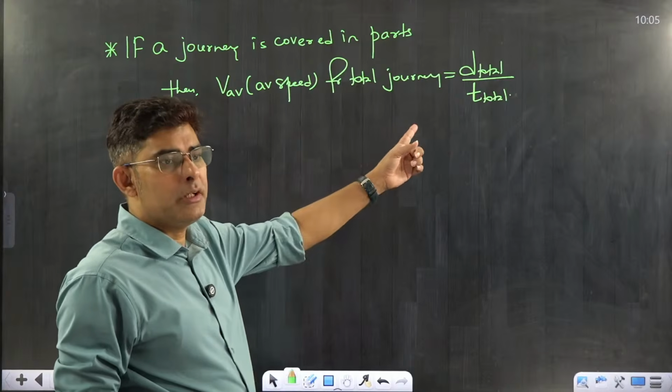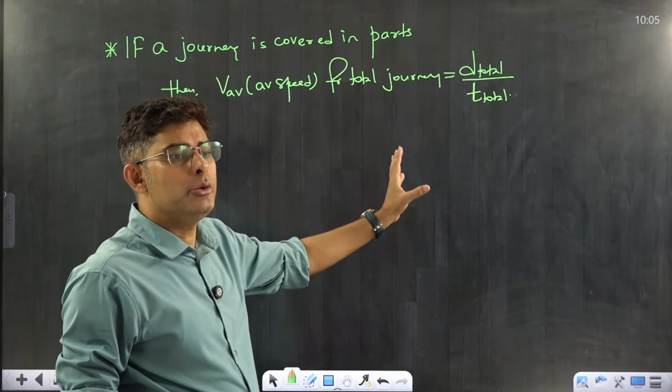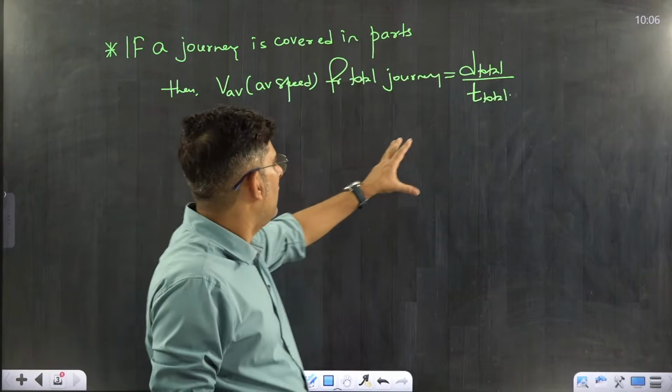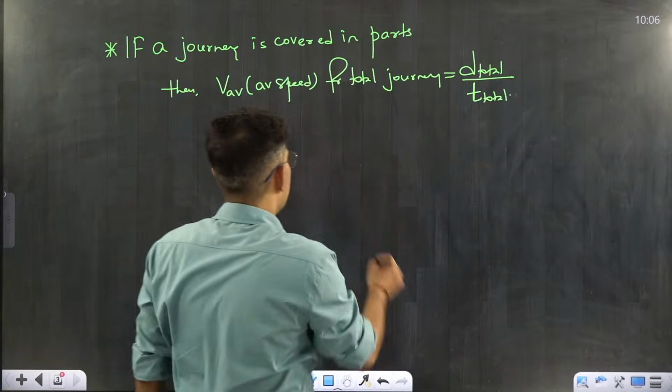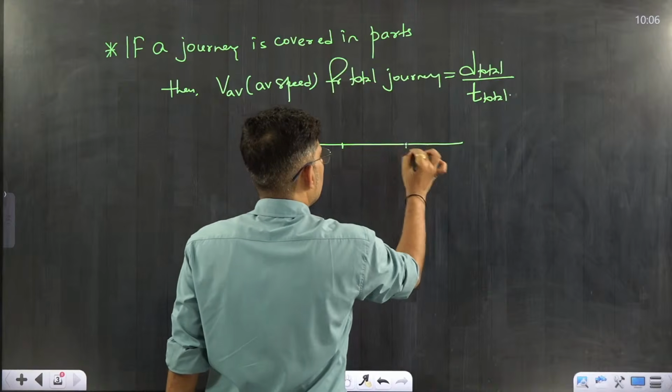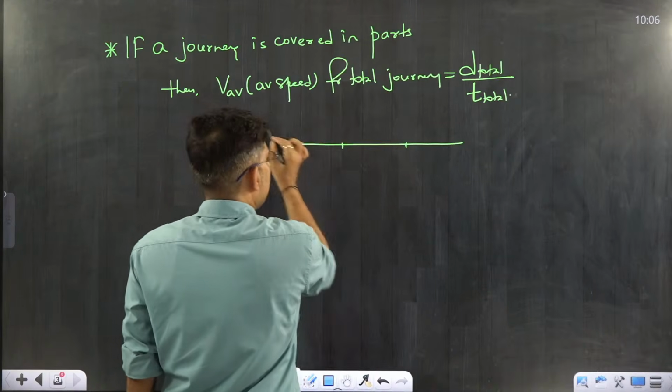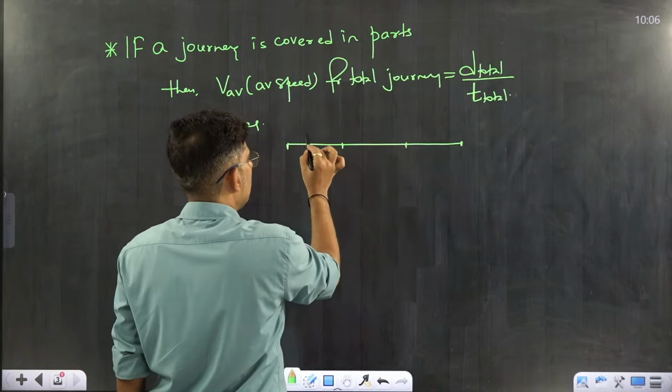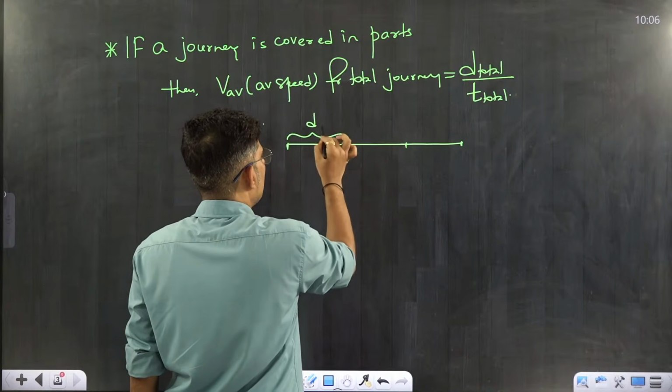When I say total distance by total time, you may be considering a journey covered in different parts. For example, you have covered it in 3 parts and these individual distances are known.